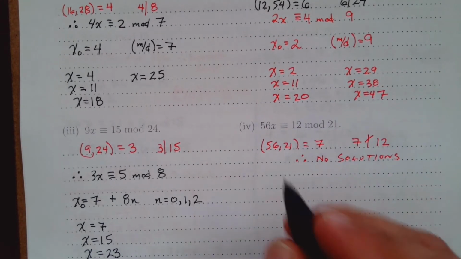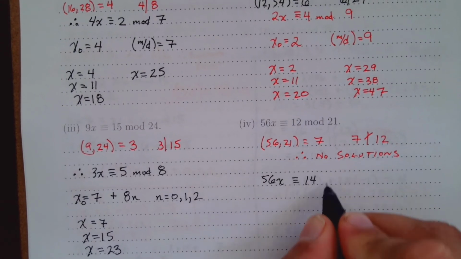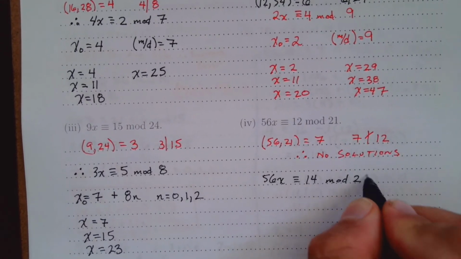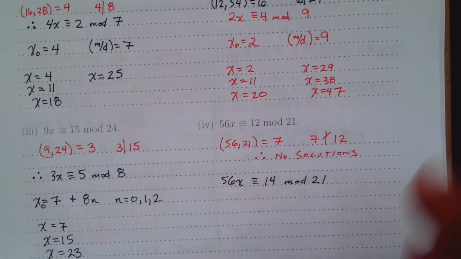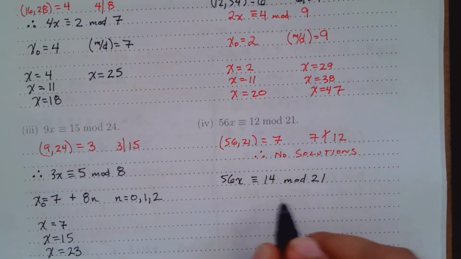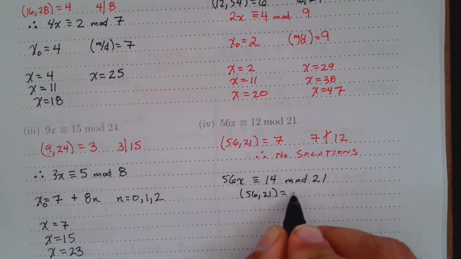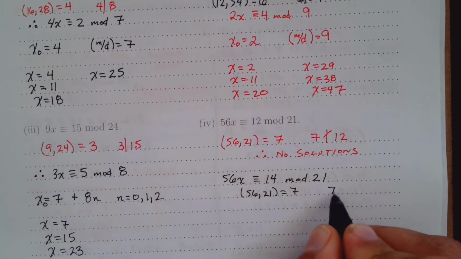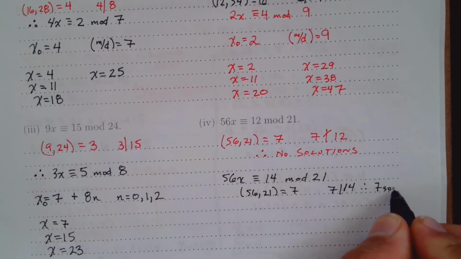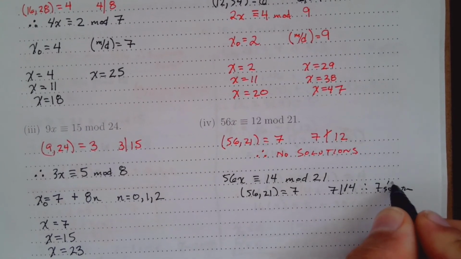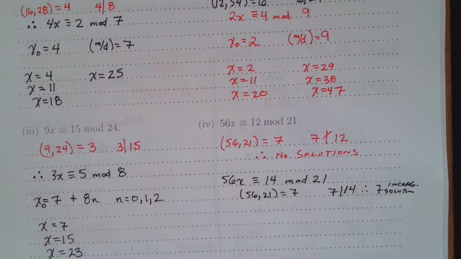Okay. If we had had 56x was equivalent to 14 mod 21, then we would have 7 solutions, right? Because we would still have 56 and 21 having the greatest common divisor of 7. 7 divides 14, so therefore we have 7 incongruent solutions.